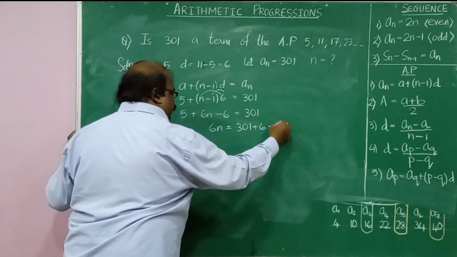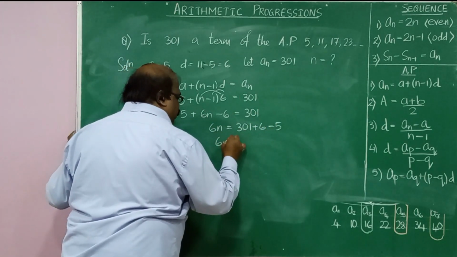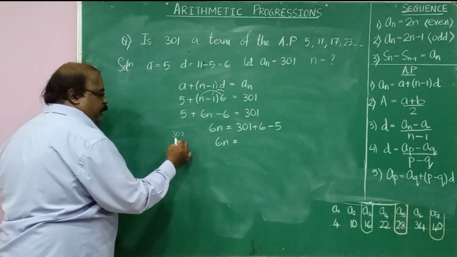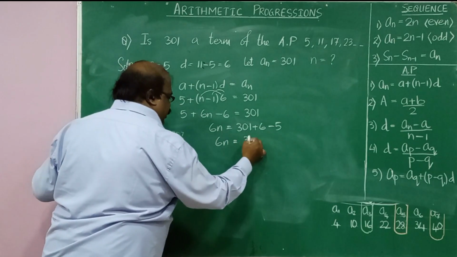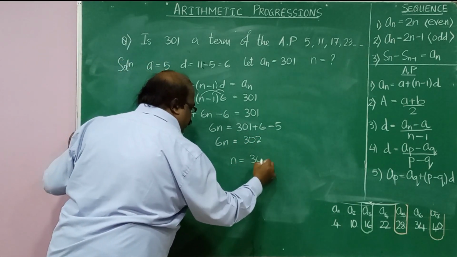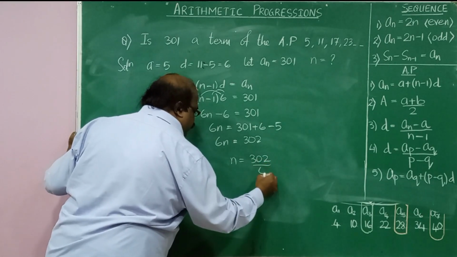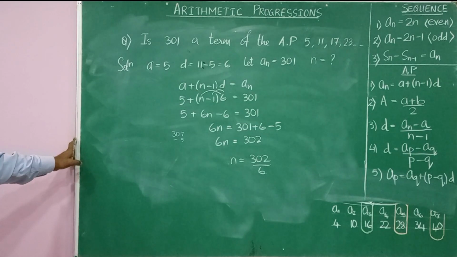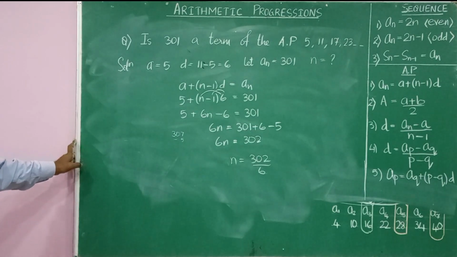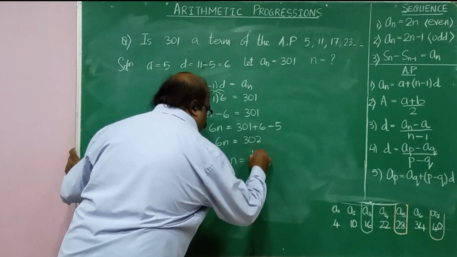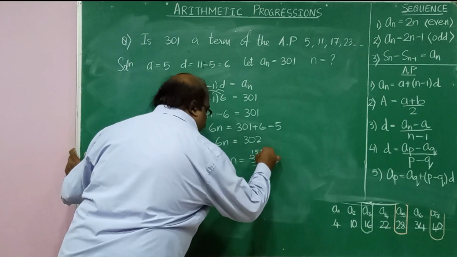So 301 plus 6 is 307, minus 5 is 302. So you get n is equal to 302 upon 6. That is 2 3s are, 2 1s are, 2 5s are.